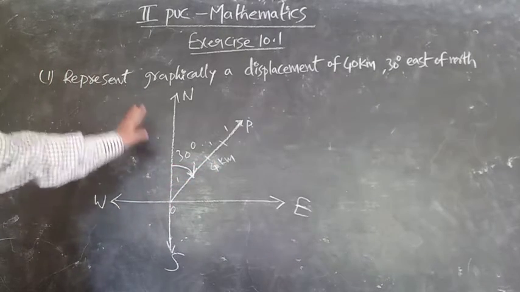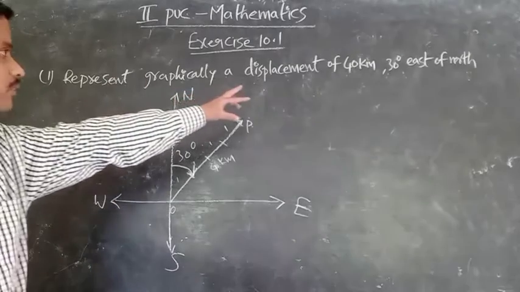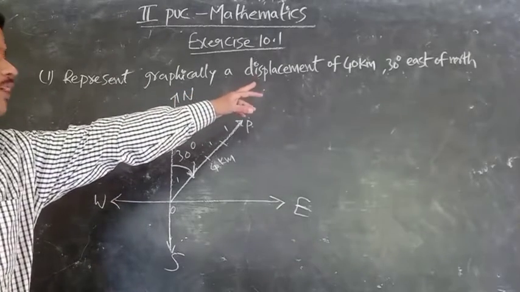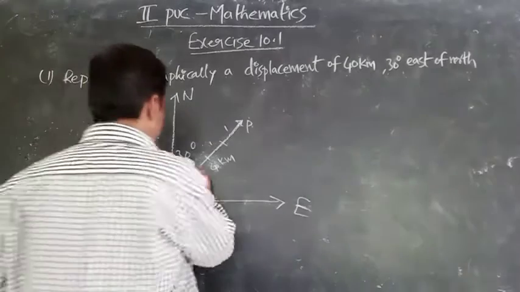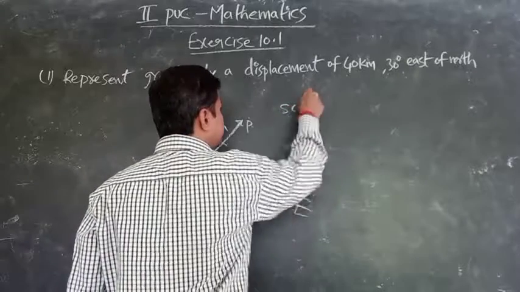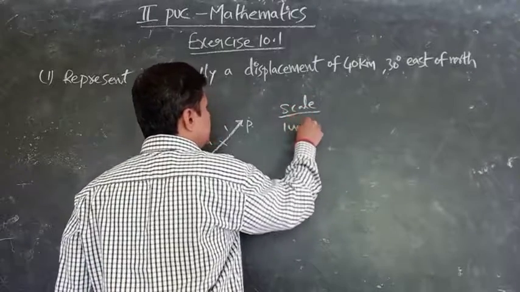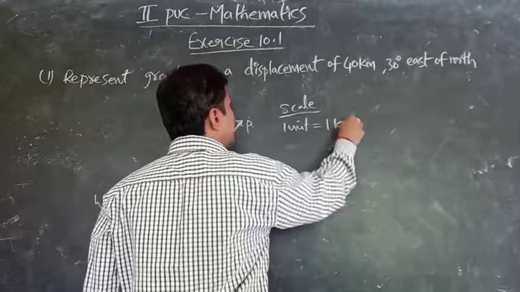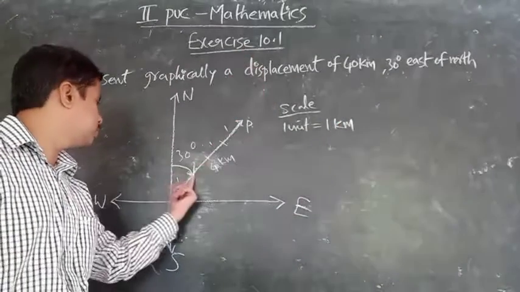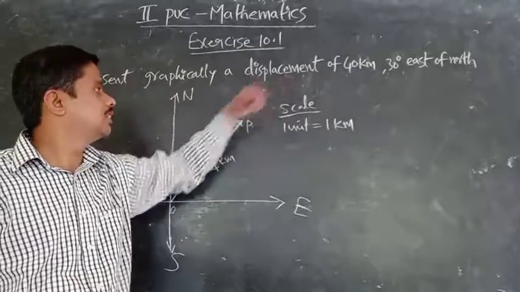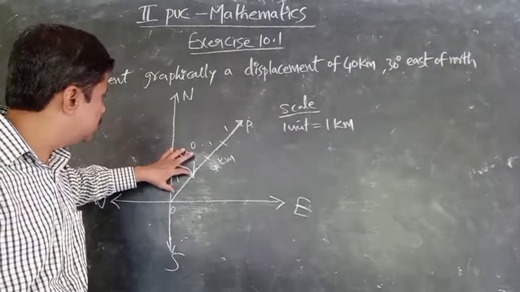This is the easiest method. So this is the graphical representation of this question: 40 kilometers displacement, 40 kilometers 30 degrees east of north. Scale: 1 unit is equal to 10 kilometers.